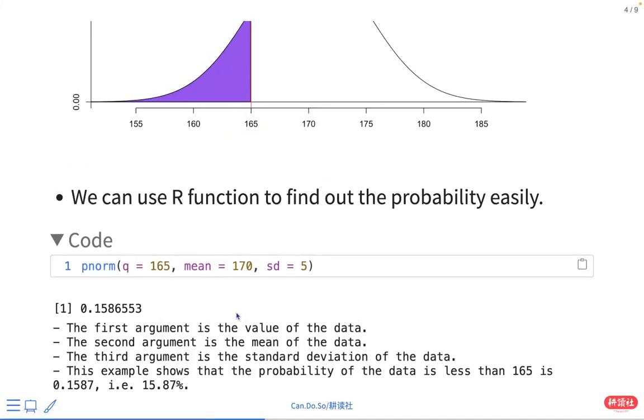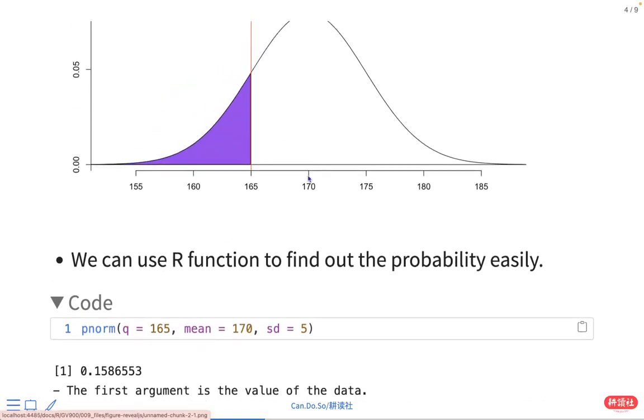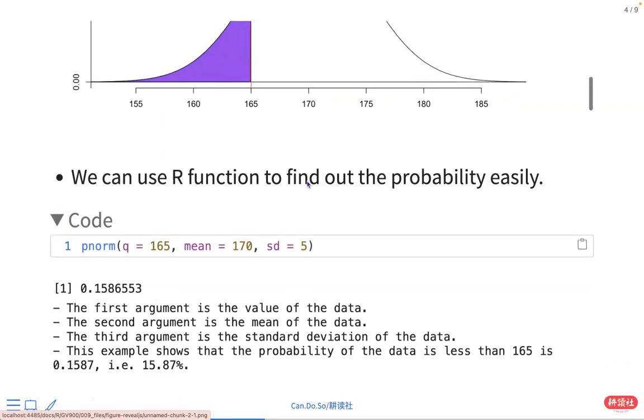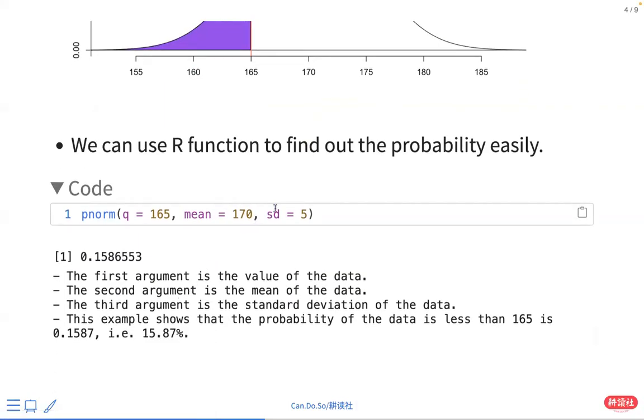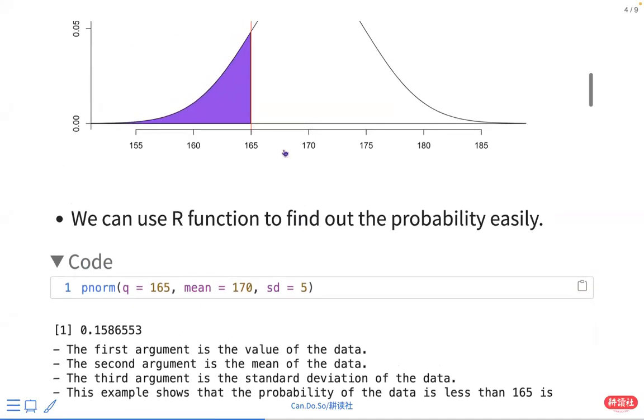The second argument is the mean of the normal distribution, as we have covered in the last lesson. It's in the center of the curve. And the third argument is the standard deviation of the data. In this case, it's 5. So from here to here is 1 standard deviation.